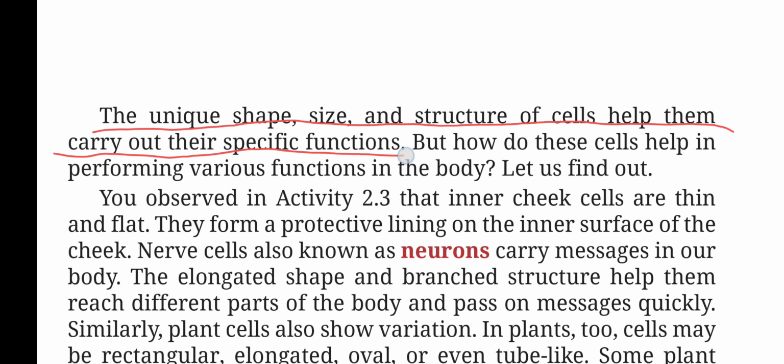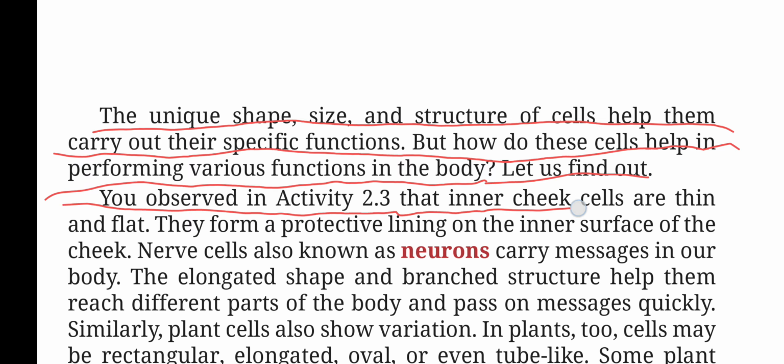The unique shape, size, and structure of a cell help them carry out their specific functions. But how do these cells help in performing various functions in the body? Let us find out. You observed in activity 2.3 that inner cheek cells are thin and flat.